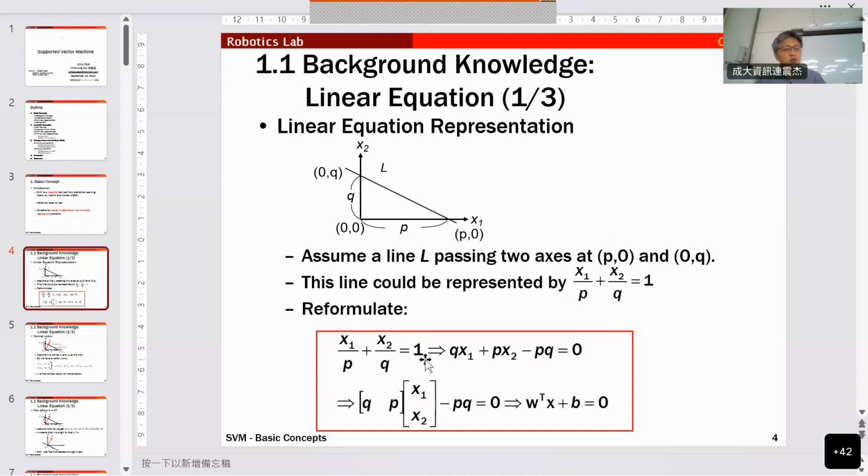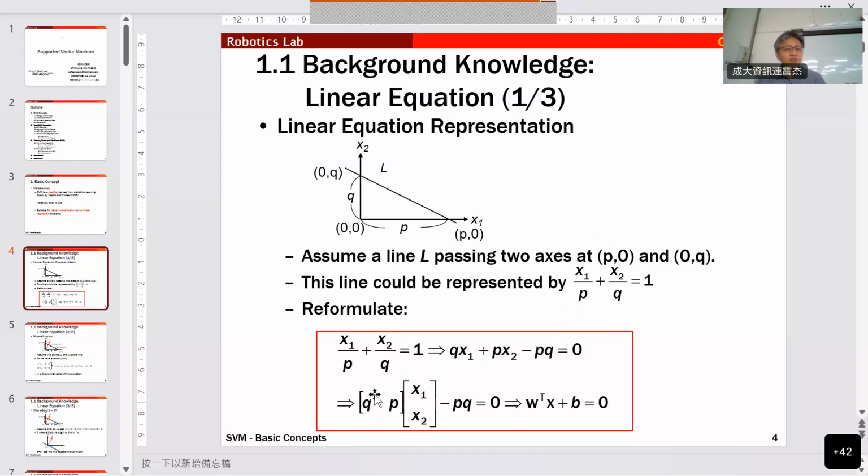We reorganize this to become q x1 plus p x2 plus or minus a constant term. The constant is a shift. And we use a vector format, the inner product format. This is the samples, this is the parameters.